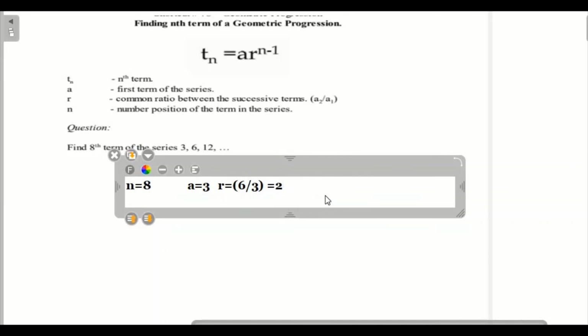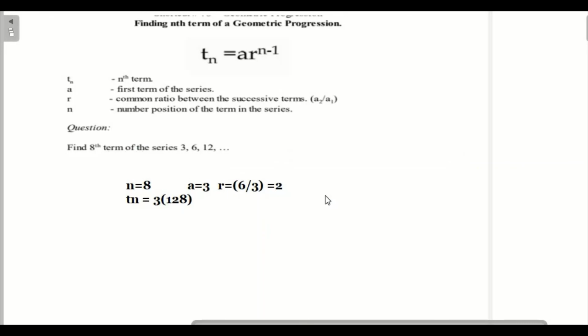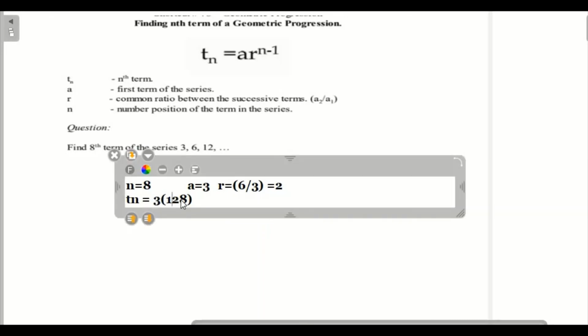That is Tn equal to 3 of 128. We have to calculate. So a r value. Then sorry, I have skipped this step. So I'll tell you step by step. You don't get confused. So 3 into r value is 2.